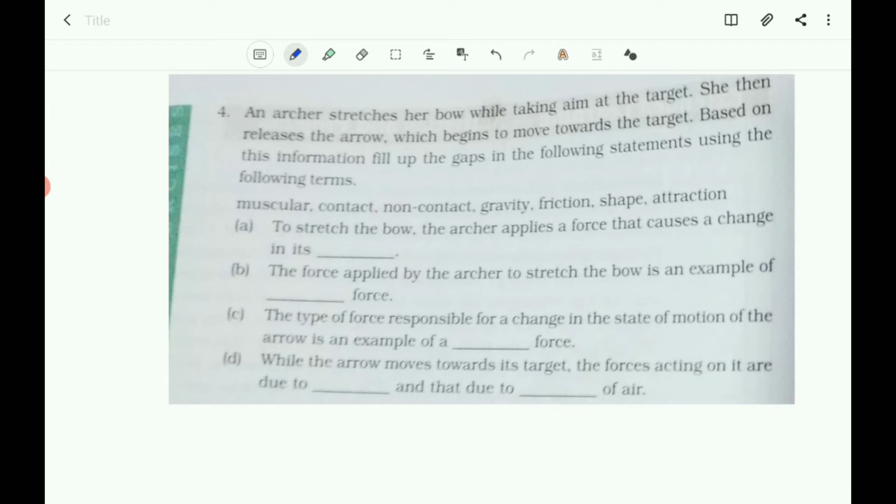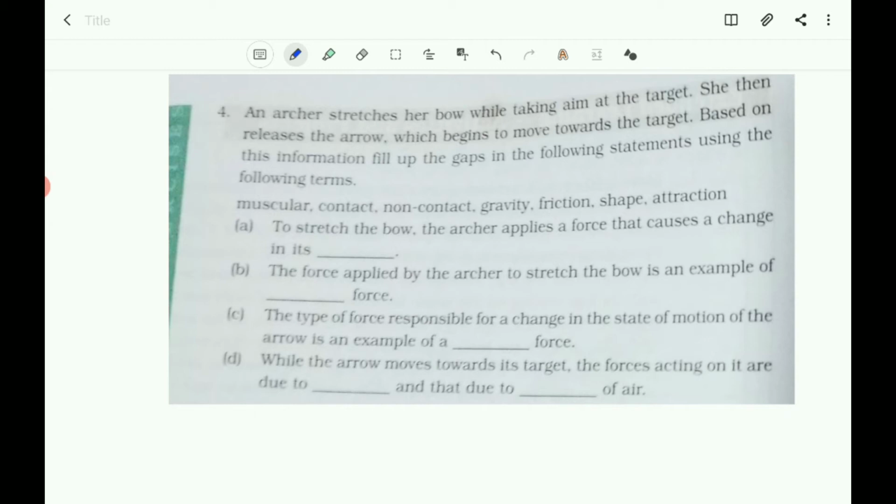Here, terms are given: muscular, contact, non-contact, gravity, friction, shape, attraction. Here we have to fill the suitable terms in the given blanks.